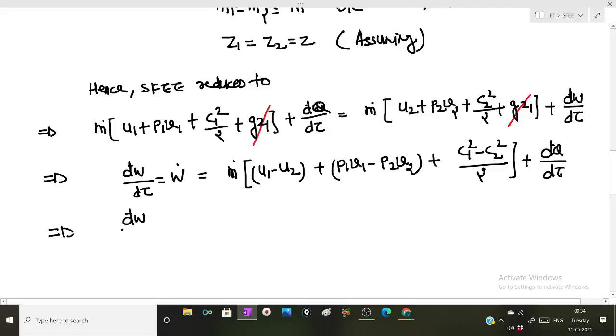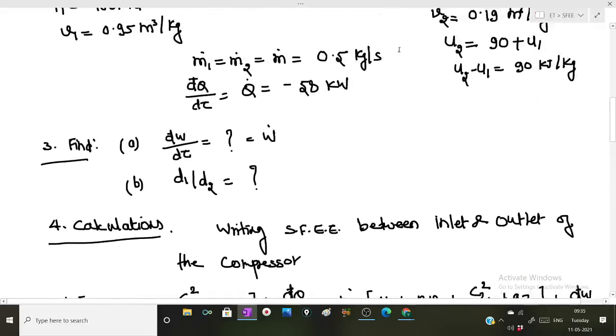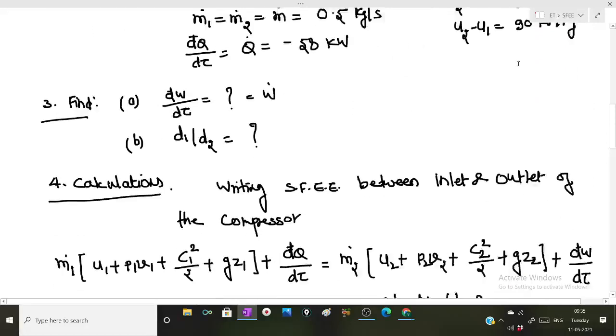So the rate of doing work per unit time, W dot. Now m dot is given as 0.5. I am doing unit calculations as well. Now u1 minus u2: u2 minus u1 is given as 90 kilojoule per kg, so u1 minus u2 will be minus 90.